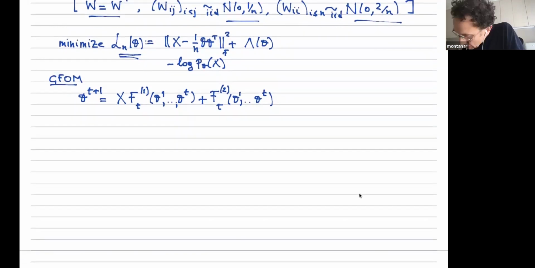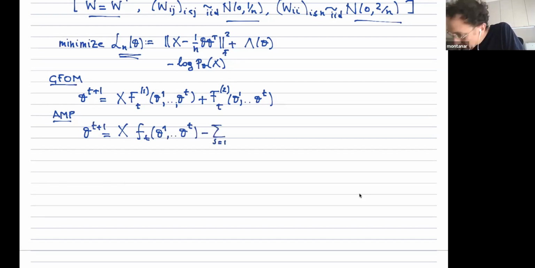Now, what are AMP algorithms? Approximate message passing algorithms are a special subset of this that do basically the same. I'll call the function lowercase f just to be clear that it is not necessarily the same set of functions. The key thing is that the term that you're subtracting is special.